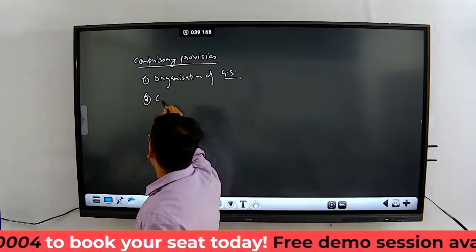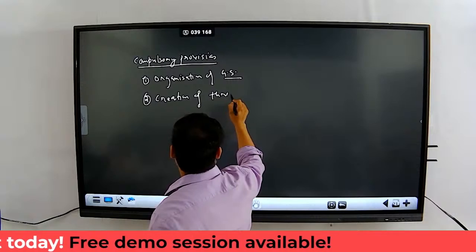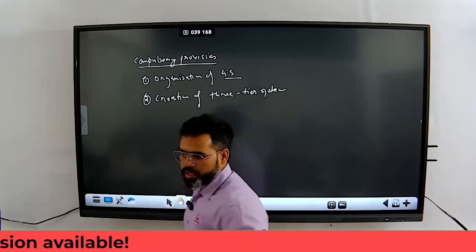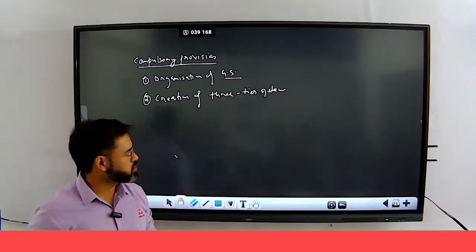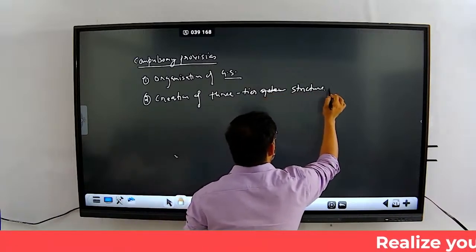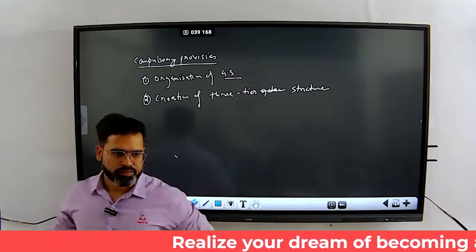Second is creation of a 3-tier system, or structure. Write down 3-tier structure. That is the same for every state.